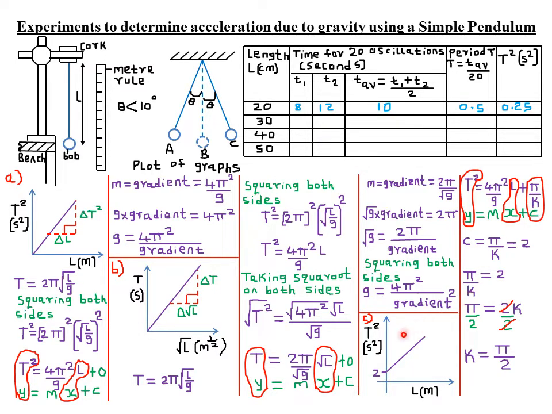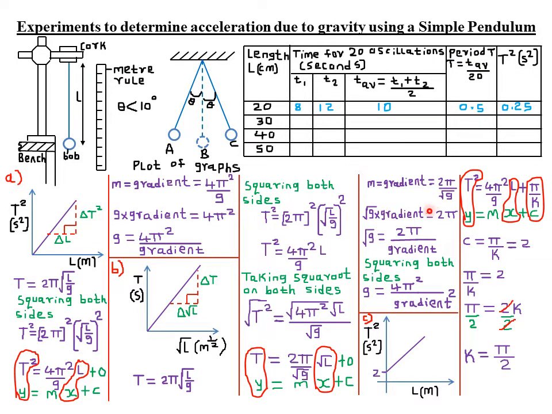Remember also, you cannot have a graph of T squared against L whereby your line is cutting the negative of the T squared axis. Because remember, period being a scalar quantity, it can never be negative, because you cannot have a negative time. And remember, period is coming from time, whereby period is the time taken for one complete oscillation.